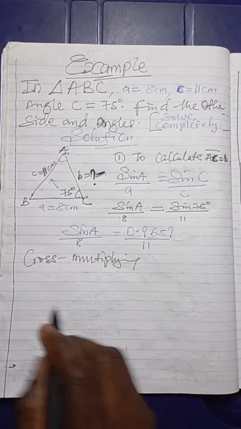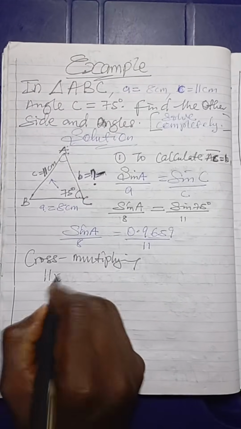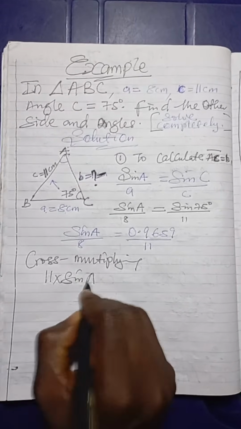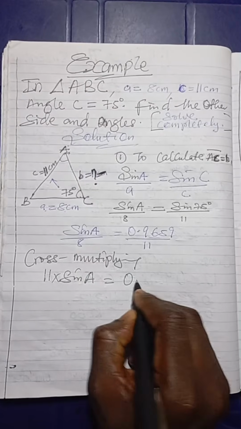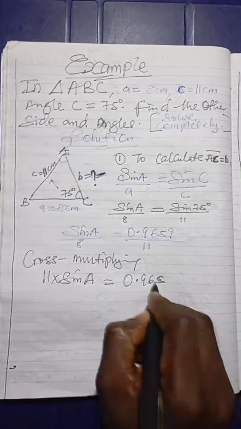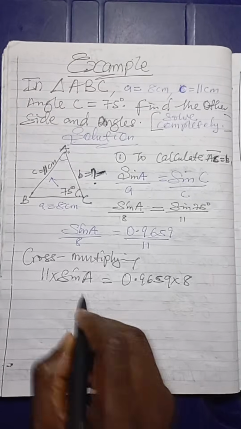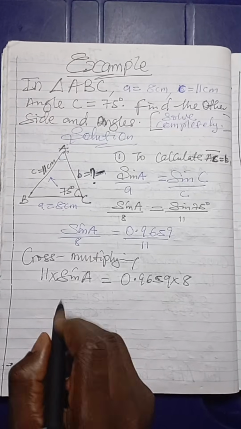So cross multiplying, I will have 11 multiplied by sine A equals 0.9659 multiplied by 8.